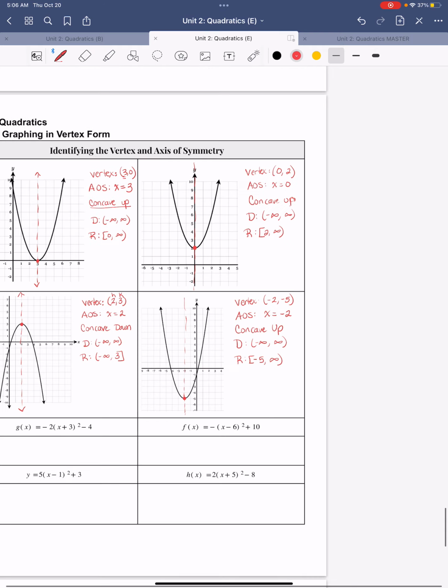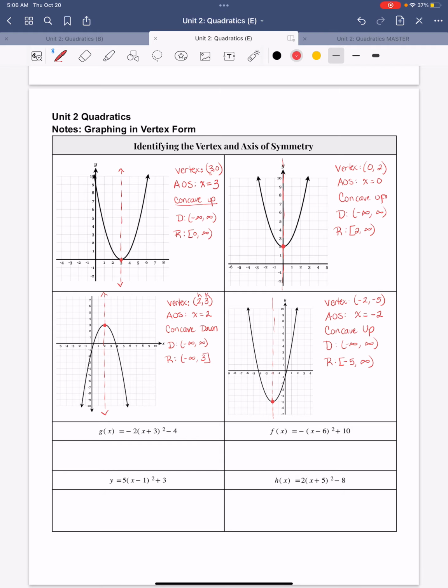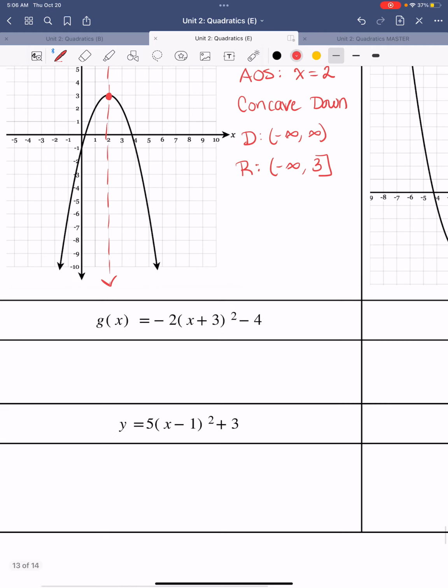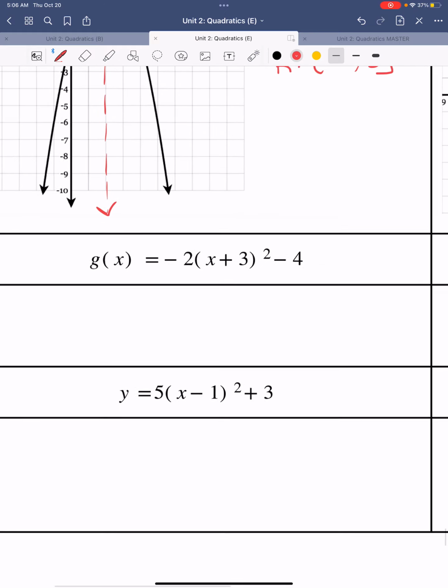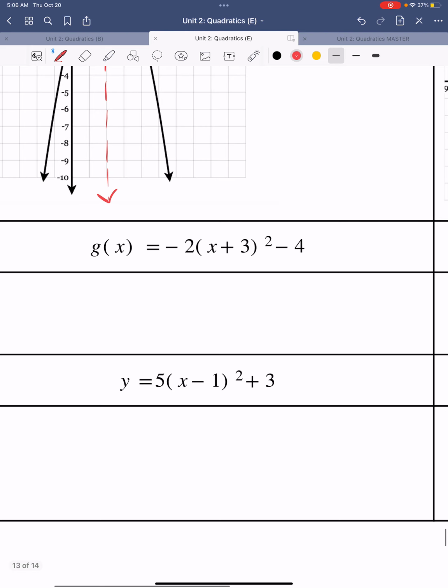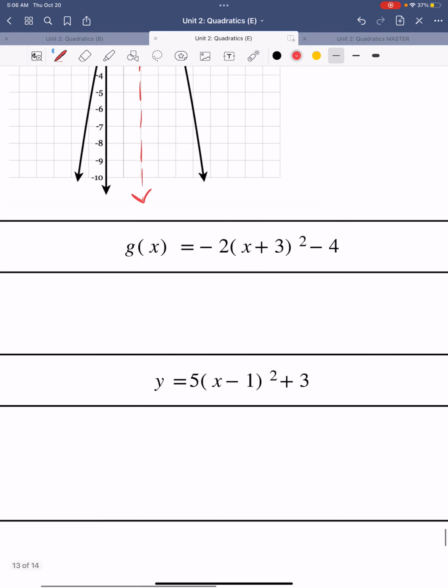Now let's take a look at these and see without the graph if we can identify a lot of the same information. We're just going to do our vertex and axis of symmetry here. So looking at this g of x function, I'm going to think about how this is moving. Since it's x plus 3, it's going to move to the left 3.